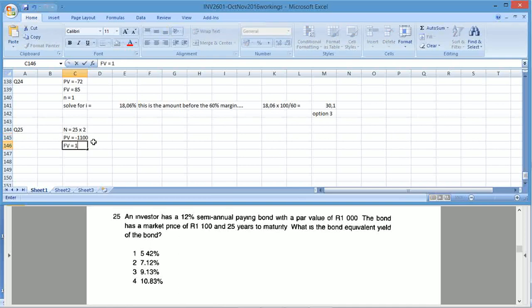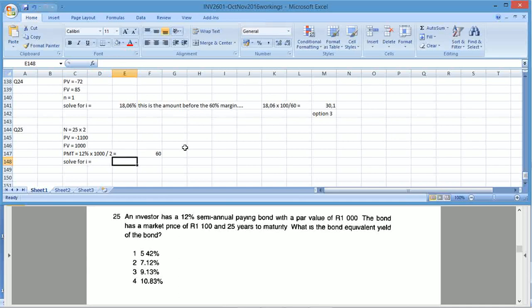And I've got the future value of 1,000, and I have a payment of 12%, which is semi-annual. So 12% of 1,000 divided by 2 equals 60. Solve for I, and then you times the I by 2 to get the bond equivalent yield.